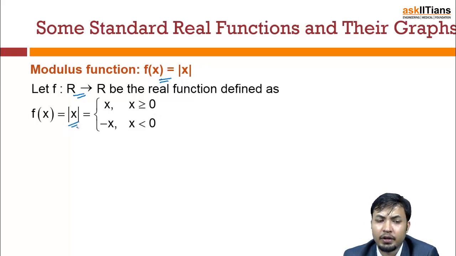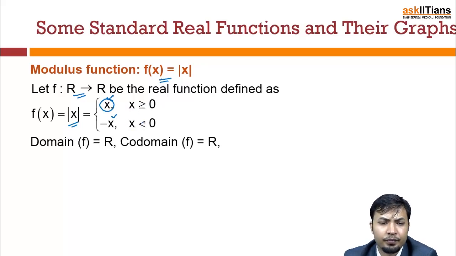You know what a mod represents, right? So I'll have an x as well as a minus x for different values, right? For every positive value my x will be greater than or equal to 0, and for every negative value my x will be less than 0.